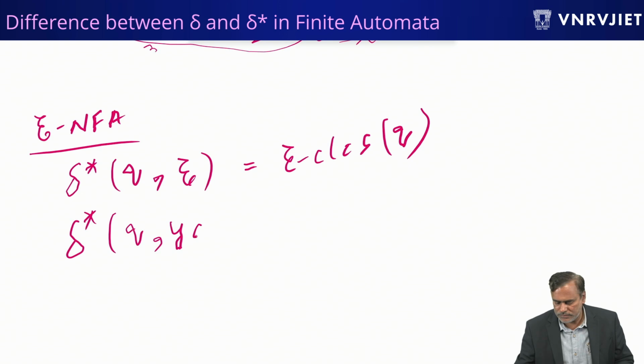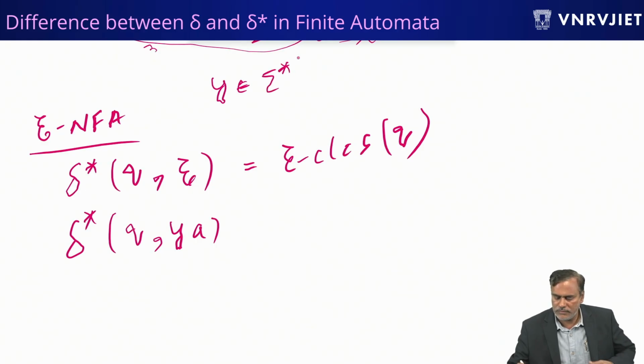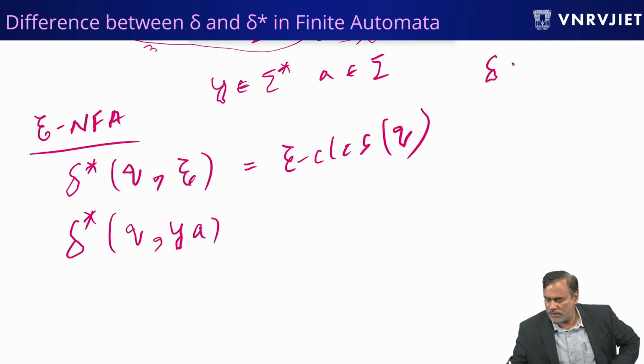So in the same fashion, delta star of Q, YA, for Y belongs to sigma star and A belongs to sigma. And you know, delta means Q by sigma, and delta star means Q by sigma star. That is the basic difference.